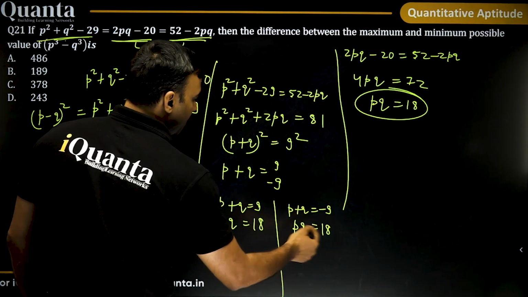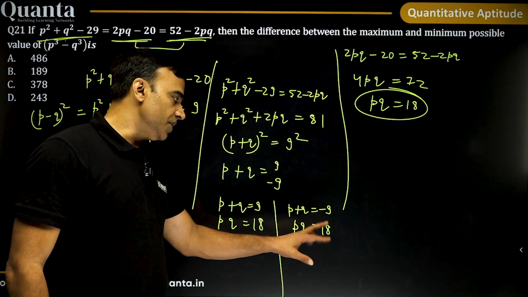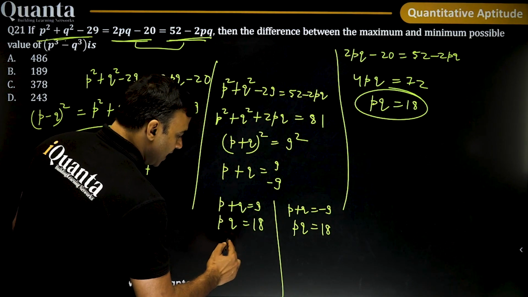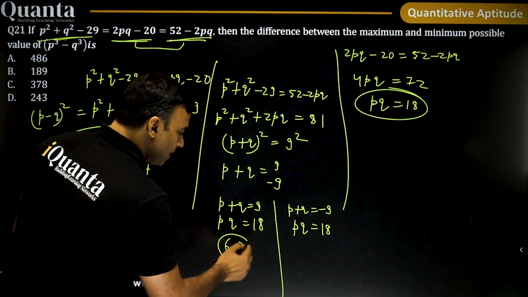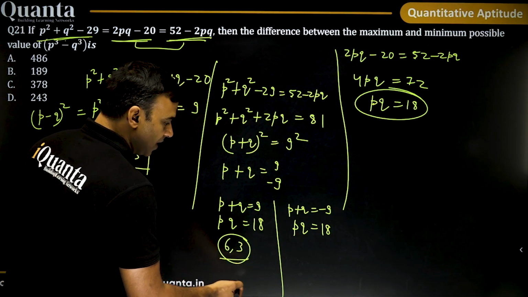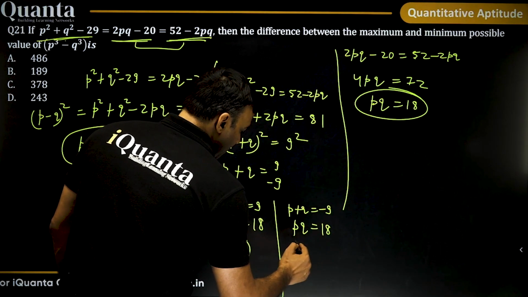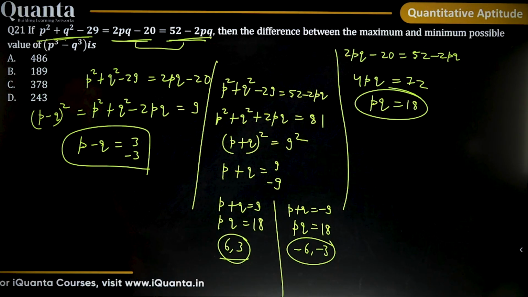Okay, so if product is 18, one thing is very clear, that either both p and q are positive or both p and q are negative. From this one, I get p and q as 6 and 3. Now, which one is p, which one is q, it doesn't matter. Similarly, here also, if it is minus 9, then one of them is minus 6 and one of them is minus 3. Right. So this is what we have.